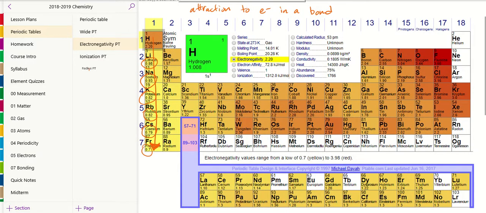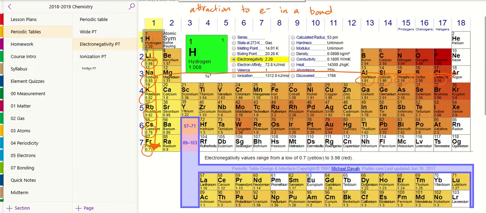So it decreases down a group due to shielding. As we go across a period, let's do period 3 again. Let's just start with aluminum: 1.61, 1.90, 2.19, 2.58, 3.16. It increases because the ENC increases.